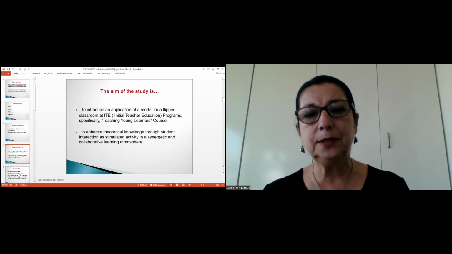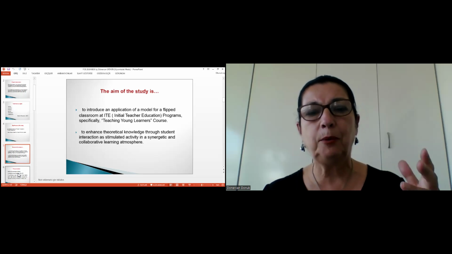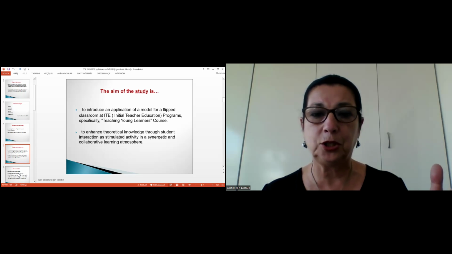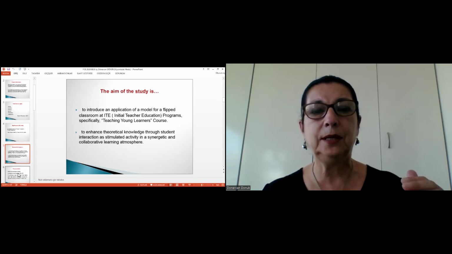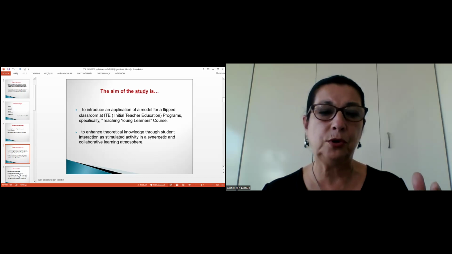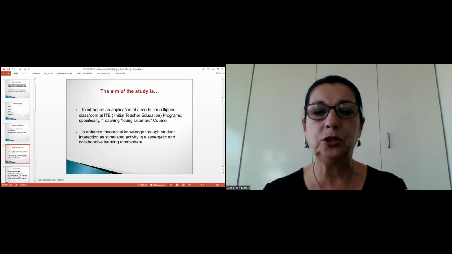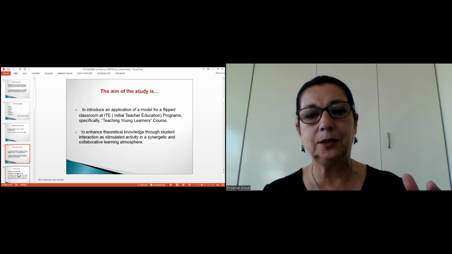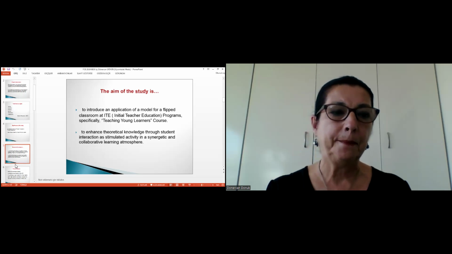So the aim of this study is to introduce an application of a model for a flipped classroom at initial teacher education programs, specifically a teaching young learners course. And the other aim is, of course, to enhance theoretical knowledge through student interaction as stimulated activity in a synergetic and collaborative learning atmosphere.